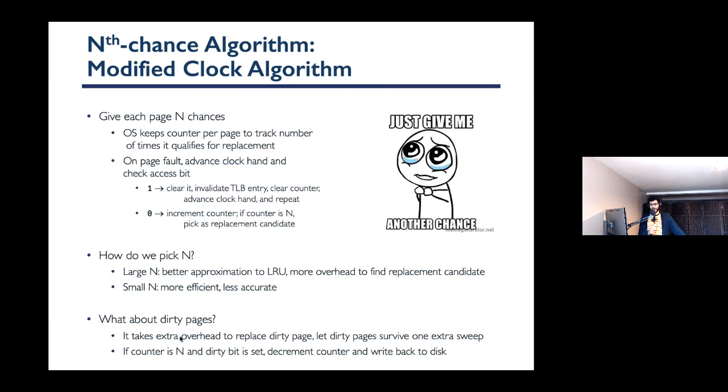So you basically say, OK, this was your last chance. I'm going to make your dirty bit 0, and I'm going to write back whatever is in this page to the storage. But basically that saved your life. I'm going to find another page. So basically giving pages another chance if their dirty bit is set to 1, because of the high cost of evicting a page with the dirty bit set to 1.